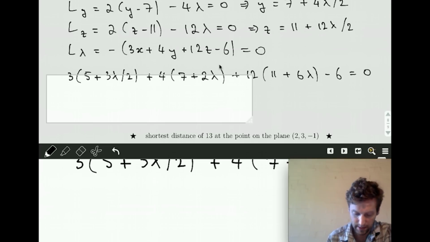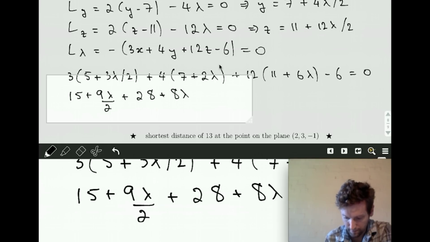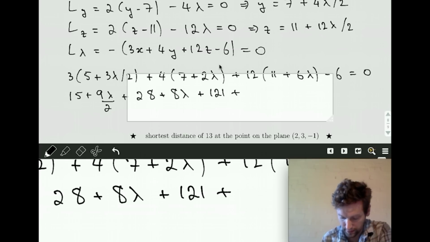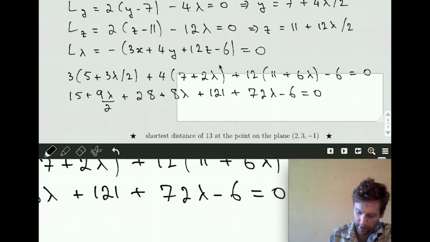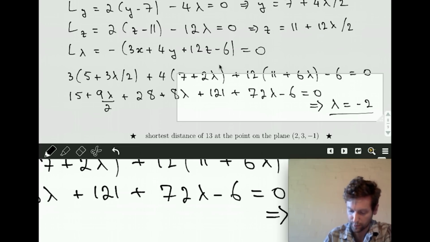I get, let's see, 15 plus 9 lambda over 2 plus 28 plus 8 lambda plus 12 times 11 is 121 plus 6 times 12 is 72 lambda minus 6 is equal to 0. And you can solve that expression. I'll let you do that yourself. What you're going to find is that lambda is equal to minus 2. That is the solution for that expression.